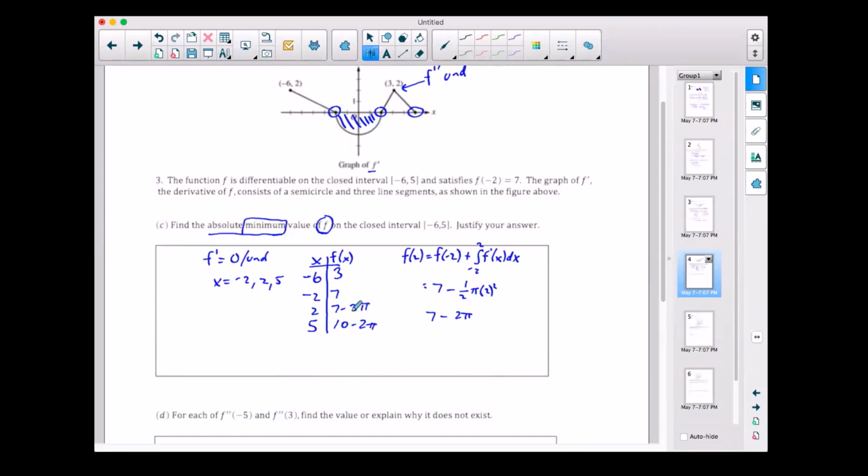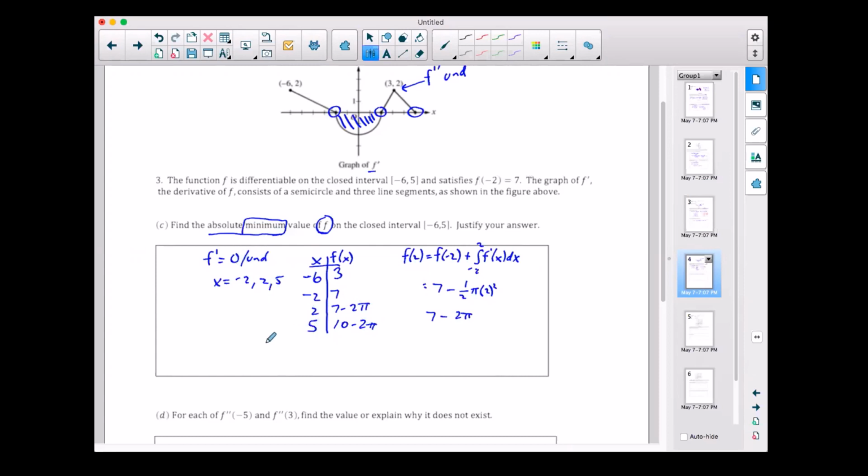If we think about 2 pi, pi is a little bit more than 3, but for our mental purposes, we're going to make it 3. So 7 minus 2 times 3 is like 7 minus 6. This is about 1. And then here, 10 minus 2 pi, again, if pi is about 3, it's like 10 minus 6, which is about 4. So we have answers of 3, 7, about 1, and 4. So the minimum, the lowest, is going to be this one right here.